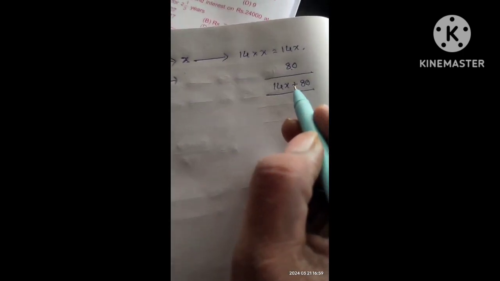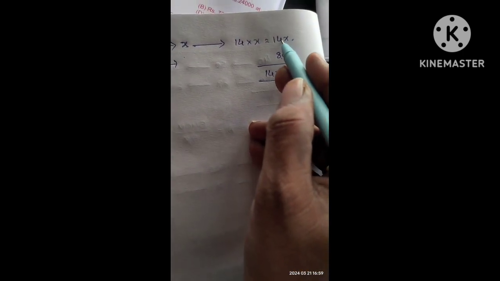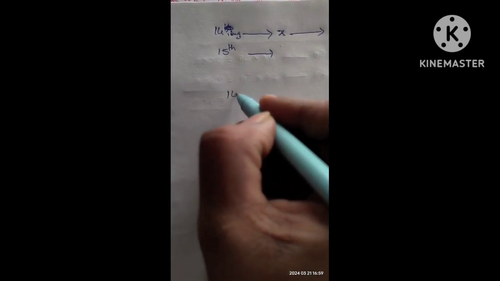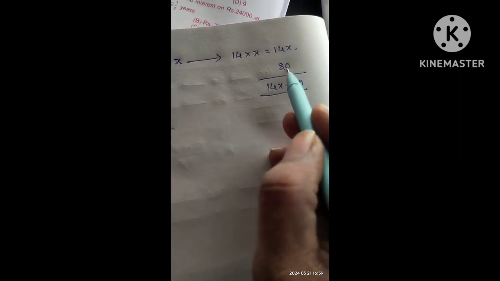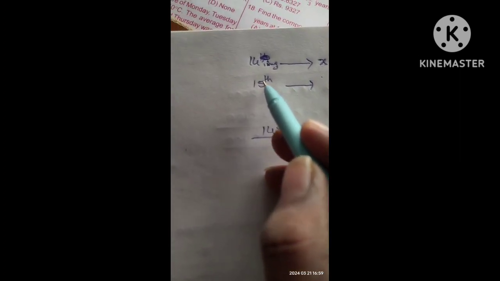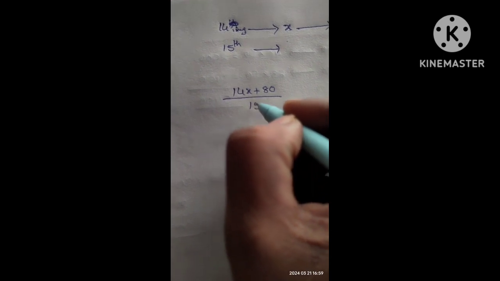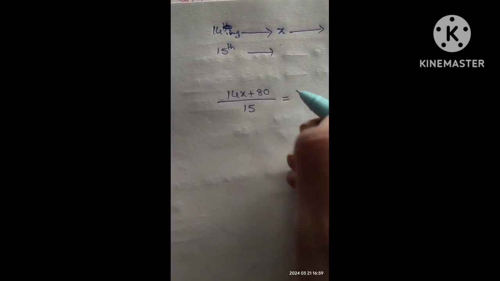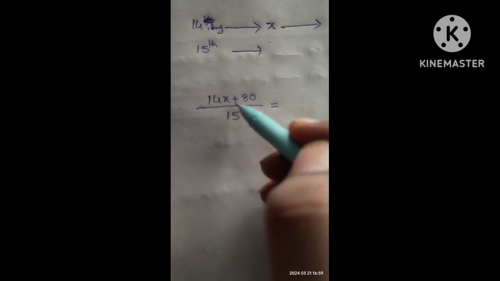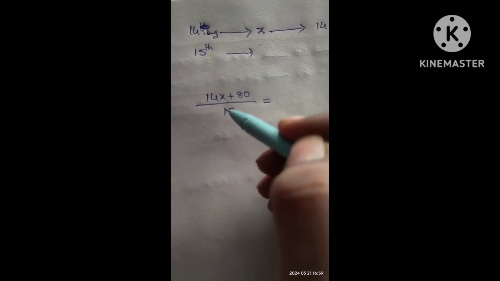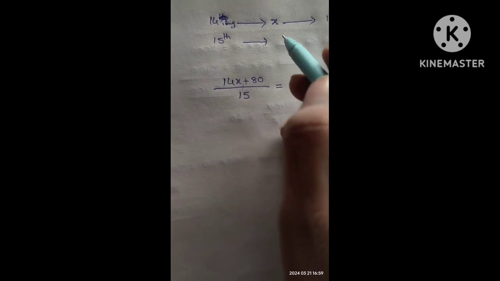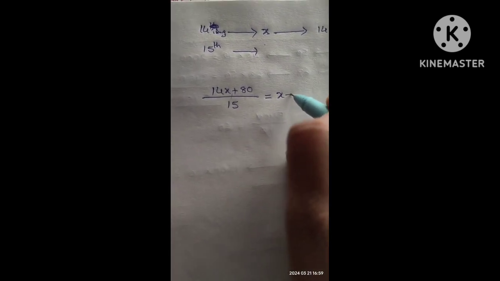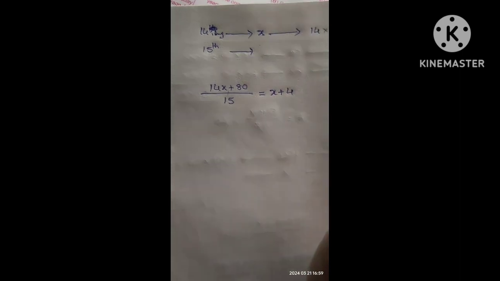So if you take the average first, that is the sum of observations by the number of observations. So the sum of observations means 14x plus 80, since we added the 80 runs also, and the total innings is 15. According to the given sum, the average is increased by 4 runs, which means it becomes x plus 4.